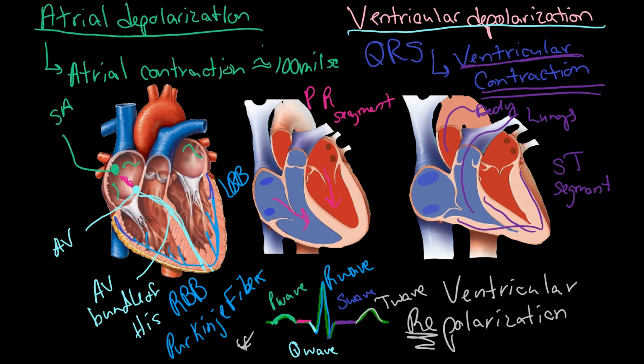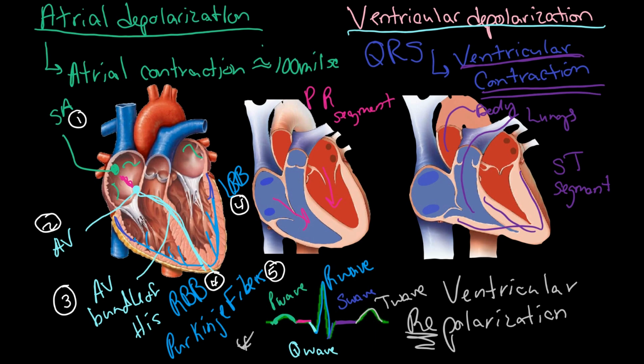So in summary, the sinoatrial node sends a signal down to the AV node. The AV node then sends a signal to the bundle of His. The bundle of His then sends a signal to the left bundle branch and the right bundle branch. And then that in turn sends to the Purkinje fibers.